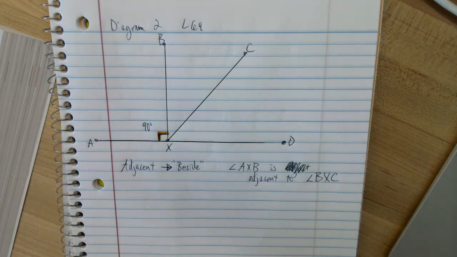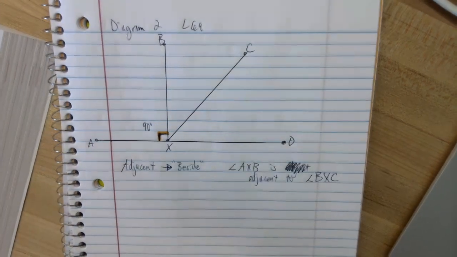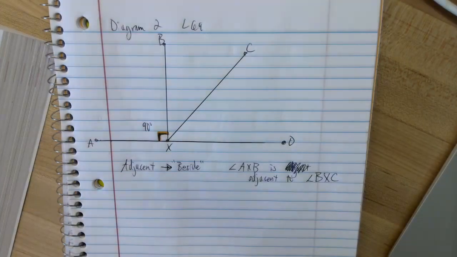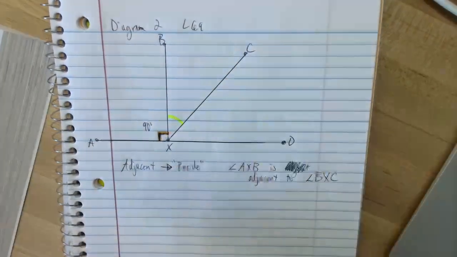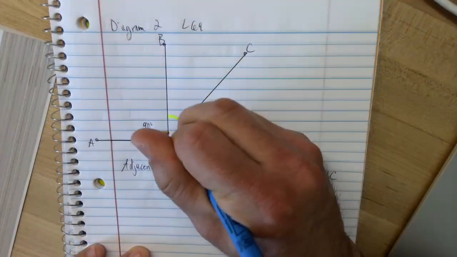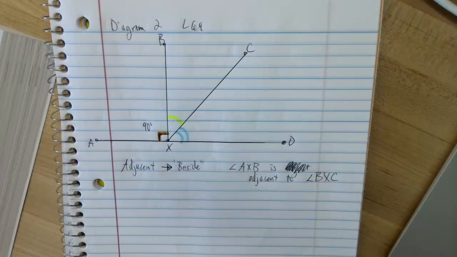So, supplementary on the previous page meant two angles that do what? They add up to 180 degrees. Well, let's see if we can find something that's going on with angle BXC and angle CXD.